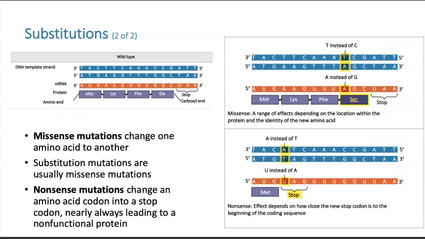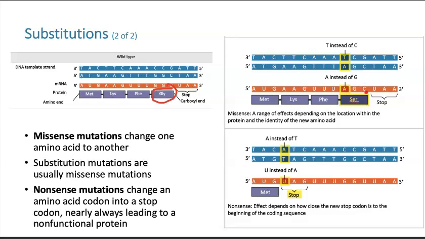Another kind of substitution ends up in a missense mutation. That's where you change one amino acid for another. In this case, remember we had glycine before. Now we're substituting a T instead of a C, and that gives us an A in the first letter of the codon.